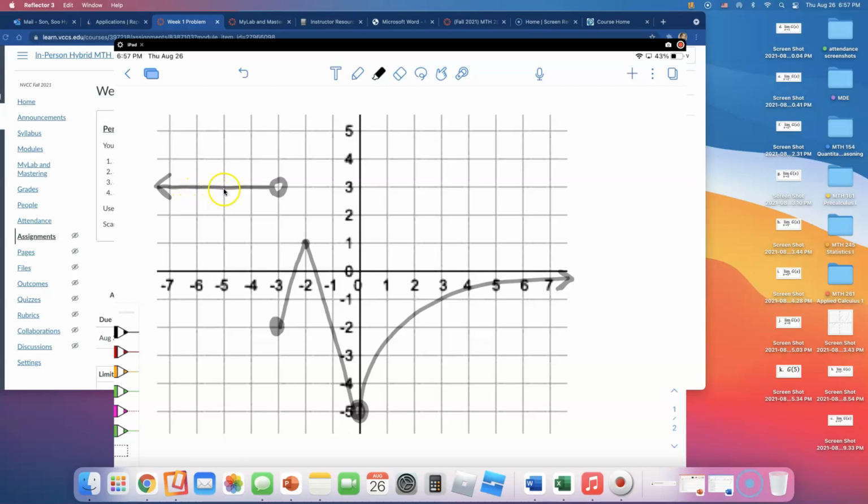To the left of -3, it looks like the function value is going to be 3 all the time. But to the right of -3, it's going down to -2. So the limit does not exist at x equals -3 because the left piece and the right piece are not meeting at the same place. So I have that second condition. But later on, I'm going to have to go back and write all these down using limit notation.